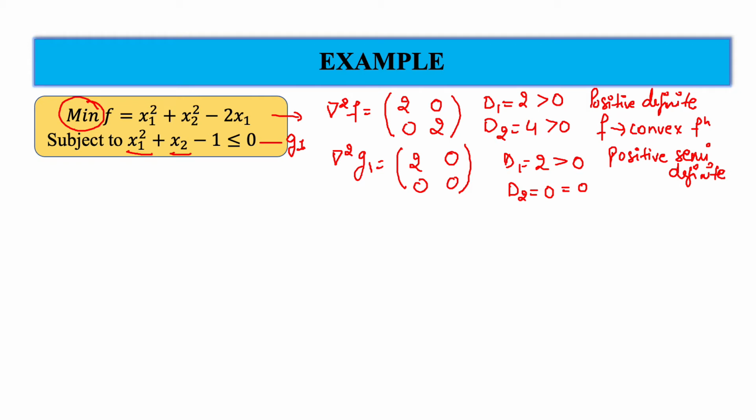Since it's a positive semi-definite matrix, G1 is also a convex function.